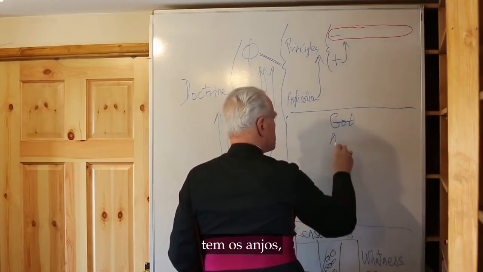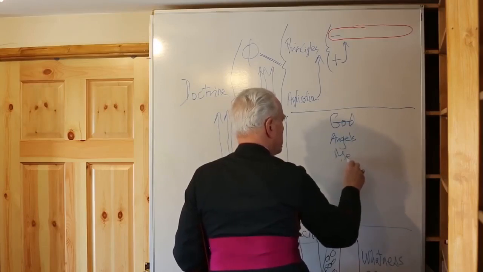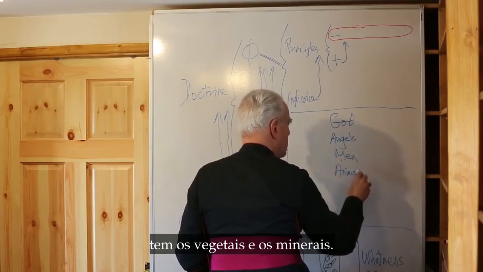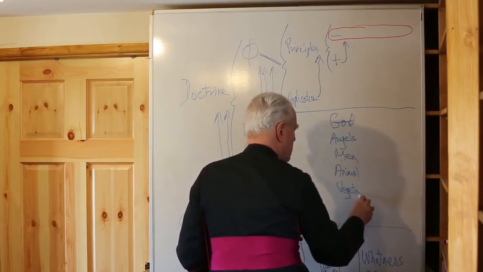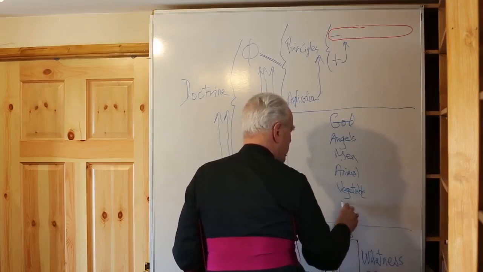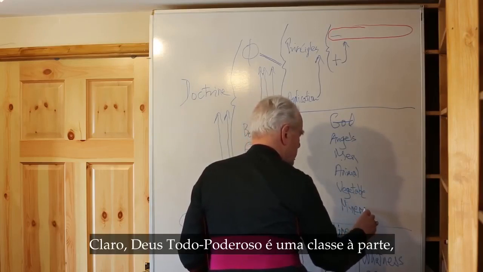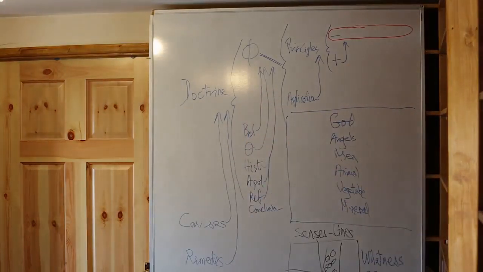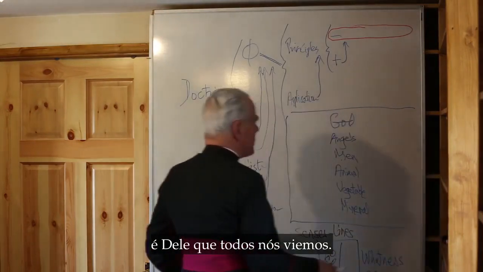You've got the angels, you've got men, you've got animals, you've got vegetable and mineral. Those are 6 levels of beings. Of course, Almighty God is a class in his own, but nevertheless, he is where we all come from.